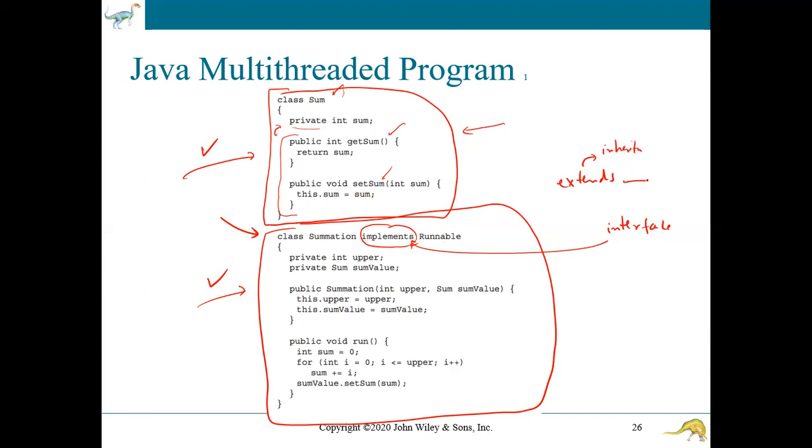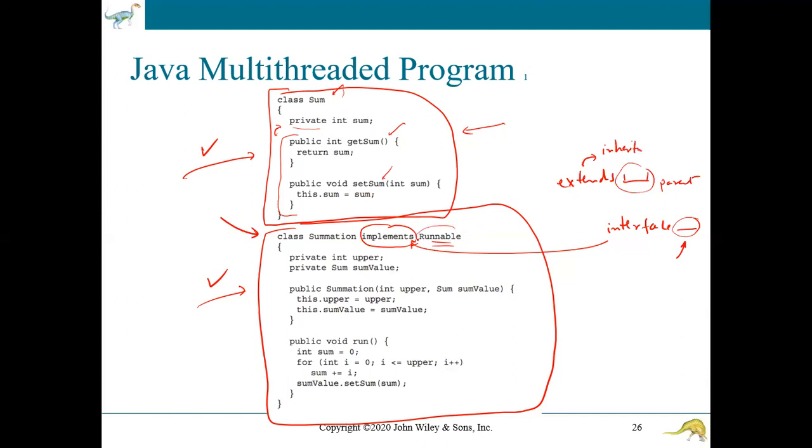So that means whatever you write down here is a class, a parent class. Whatever you write here is the name of an interface. The interface is Runnable. You don't need to write it, it's already available in the library.